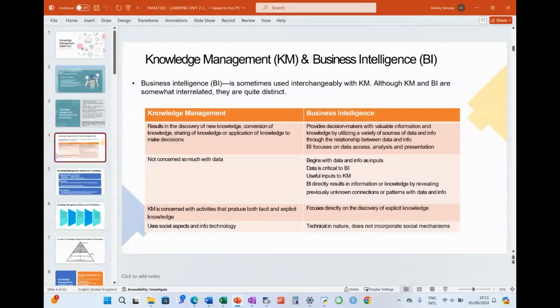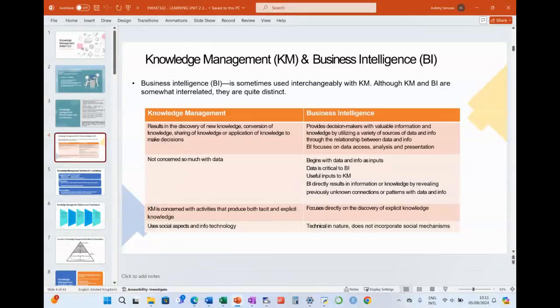And the focus is obviously just to extract information from that portion of data that we assess, all right? Whereas knowledge management is not concerned so much with data, all right? Knowledge management is concerned with activities that produce both tacit and explicit knowledge. And we spoke on what tacit and explicit knowledge is in our last lecture, all right?